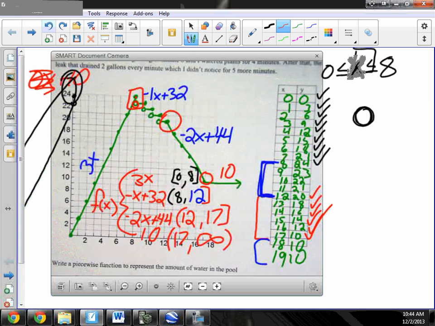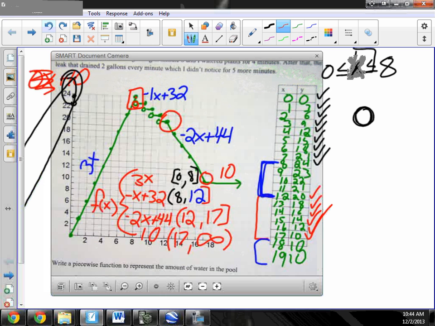When did that happen? 17 minutes. 17 minutes is when the leak was discovered. How much water does the pool hold? It said that we filled it up completely. So if it fills up completely, how much water is in it? 24 gallons. That's the maximum value.